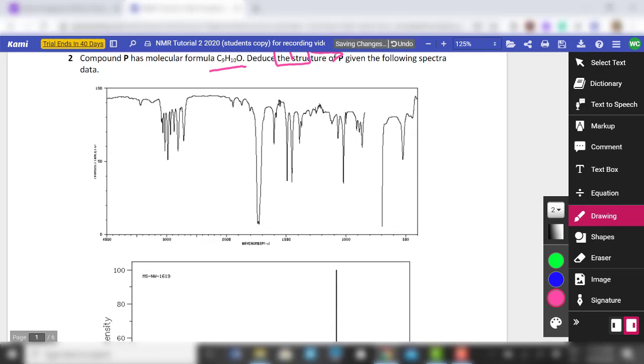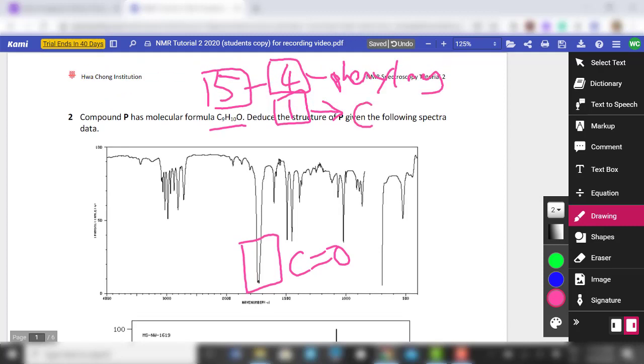If you do a quick glance, C=C double bonds usually don't show up very well, but of course you notice that I have a strong C=O stretch, a very prominent signal. So you can confidently attribute this to a carbonyl.